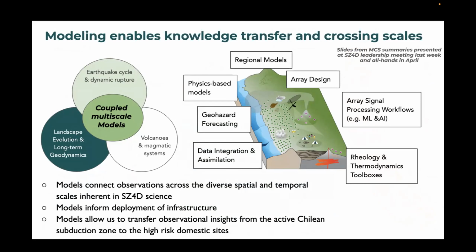We're especially interested in coupled multi-scale models, but I do want to point out that models are really helpful for array design. So models connect observations across different space-time scales, can inform deployment of infrastructure, and allow us also to transfer whatever we learn based on observational insights from Chile to our high-risk domestic sites.